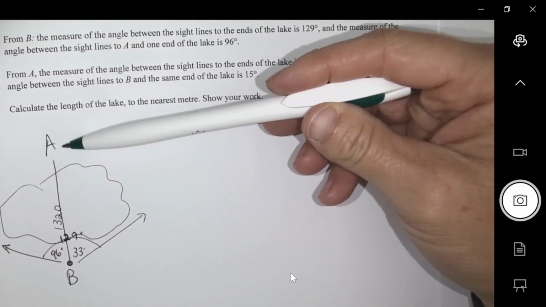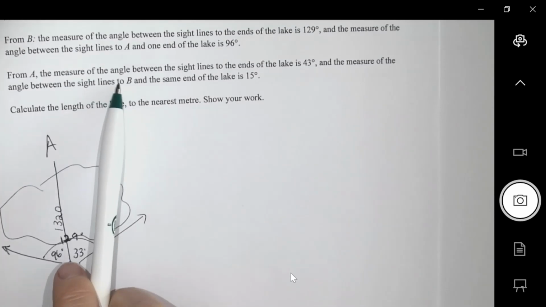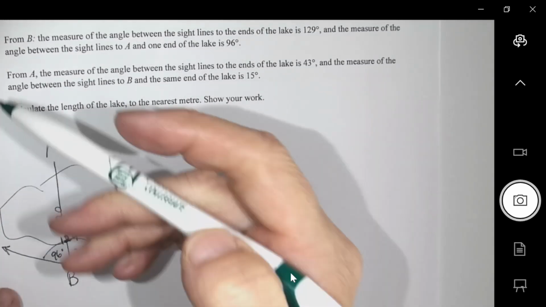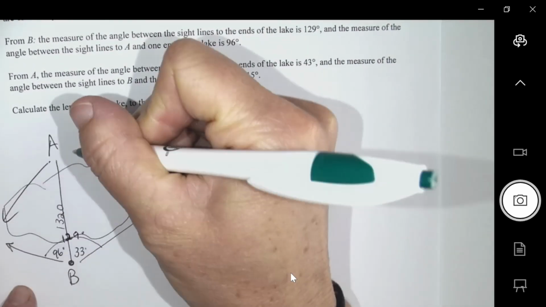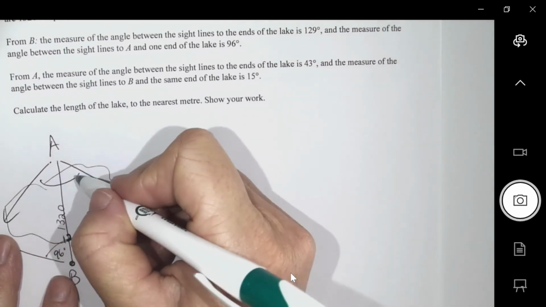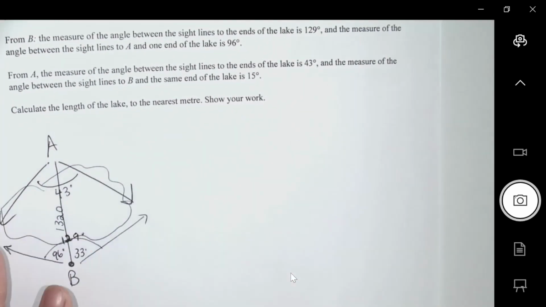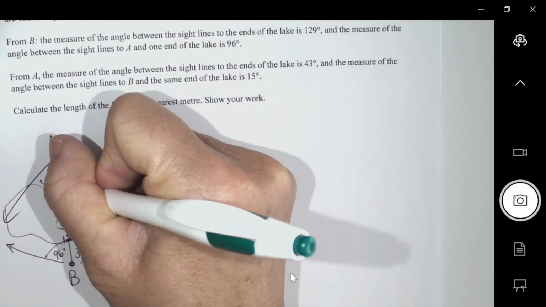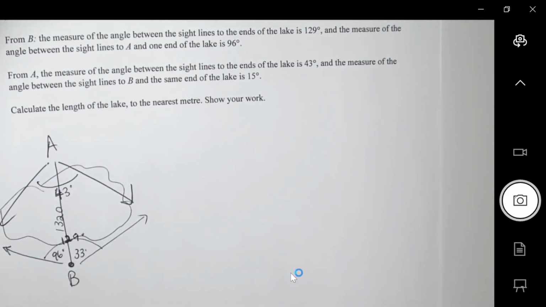Now we have to put the surveyor at A. So now we have a surveyor at A. The measure between the sight lines to the ends of the lake, so when they look to the ends of the lake, that whole angle is 43 degrees. I'm obviously not drawing this to scale.